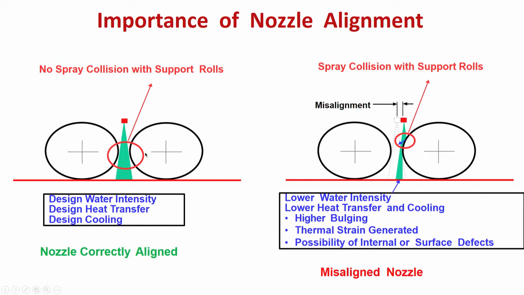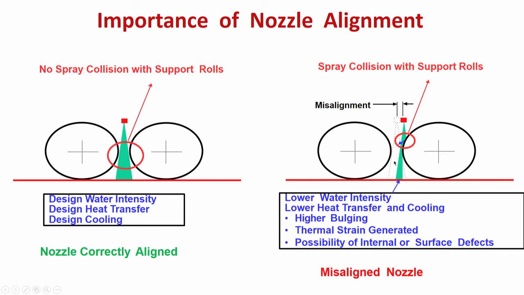That means in between the space of two support rolls we are using the water spray. So, here what is happening? It is no problem, it is a uniform spray, no misalignment, the nozzle is correctly aligned, the spray is falling in a desired fashion on the surface.